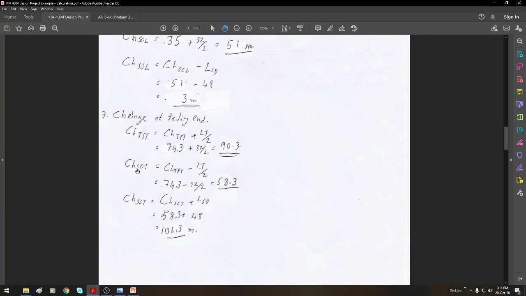Chainage SCT is minus LT over 2, 32 over 2, giving 58.3, and the SS point is 106.3. So SS is 106.3, and then 90.3 and 58.3.